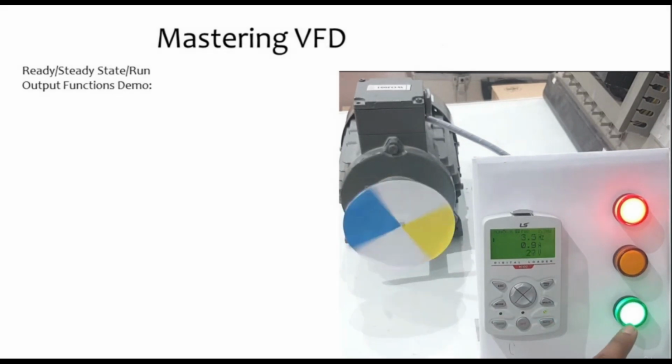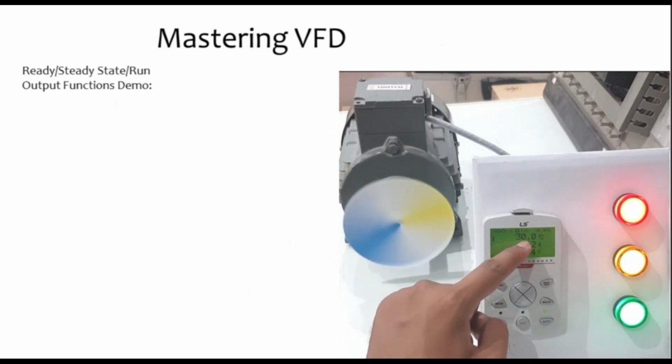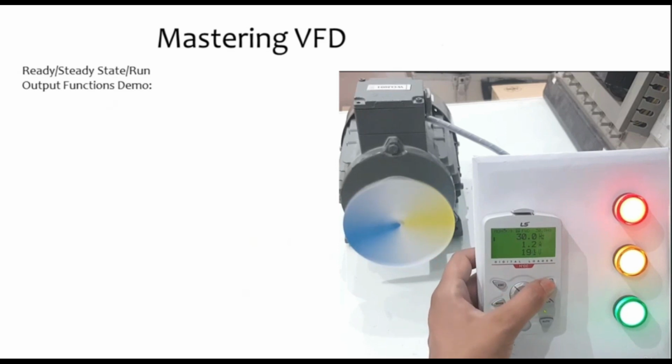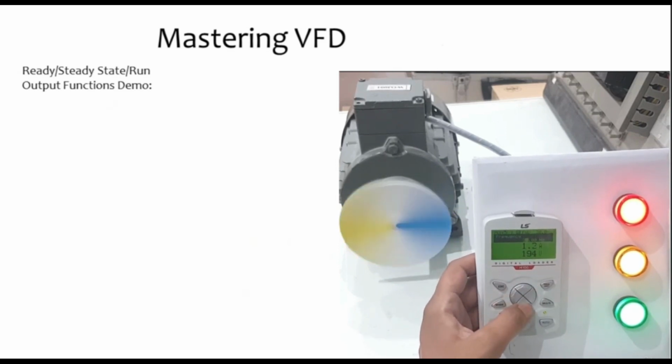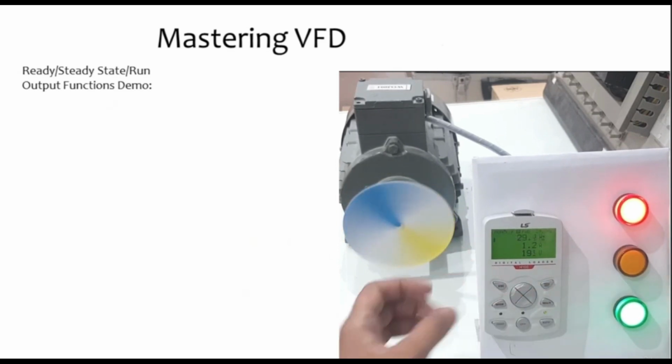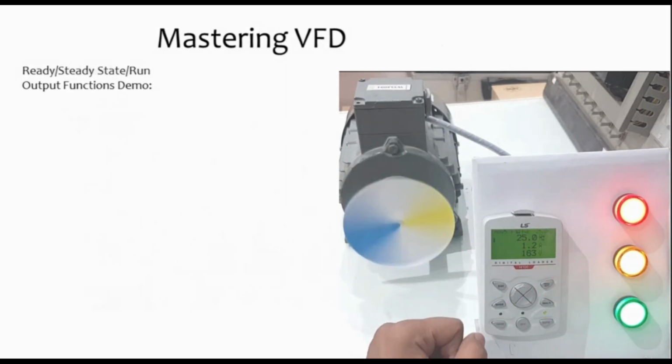Now I will run the motor. Green light is on as programmed. As soon as the speed is on the target, the yellow light is on. In our case, the target is 30 Hz, so steady state indication is visible. And in case I change the target speed, the yellow light will be off until speed target is achieved.